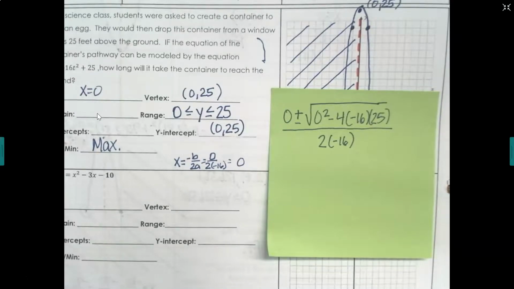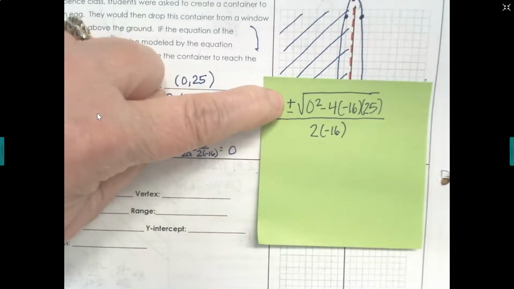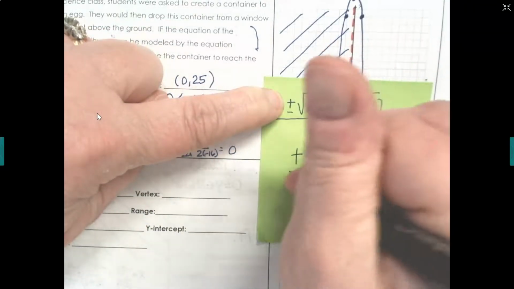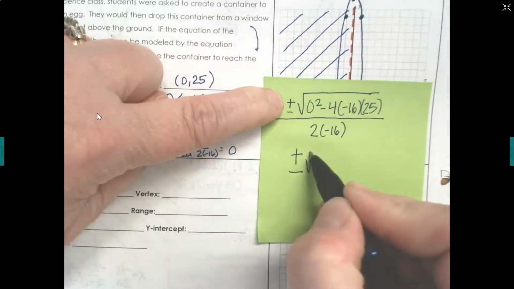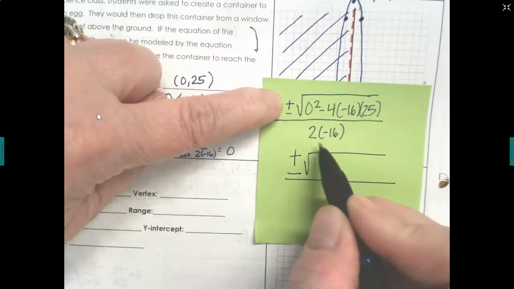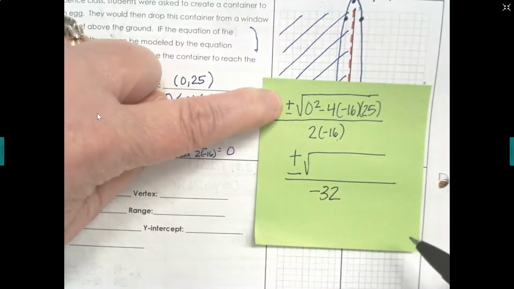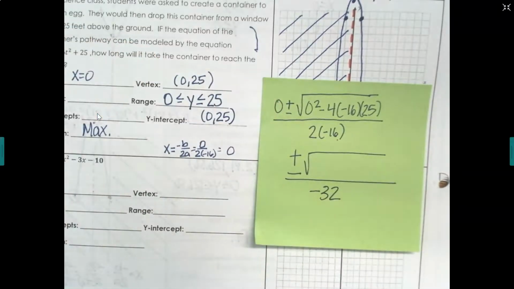As we begin to simplify, remember how I said we can just cover the 0. So really I have plus or minus, and I want to know what this number is. What is that number underneath the radical? And it's going to be divided by negative 32, because that's the 2 times negative 16.